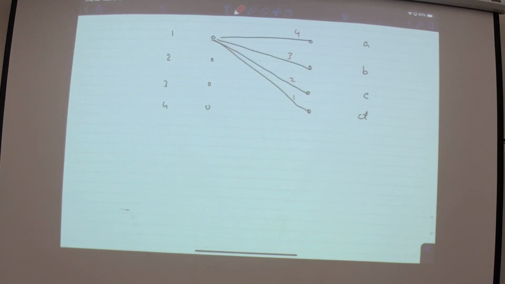It might be easier. Person 2 has values 4, 3, 2, 1, also the same as before?